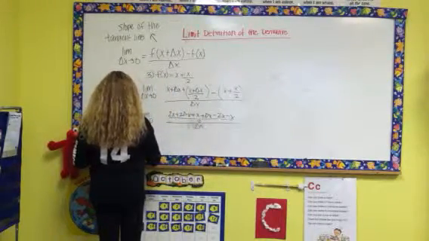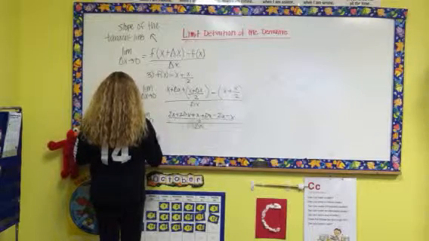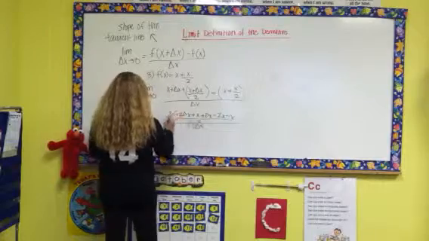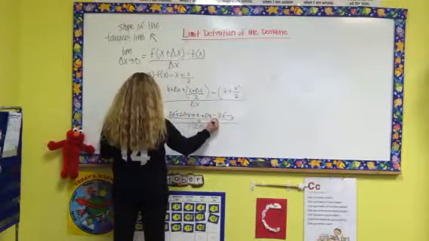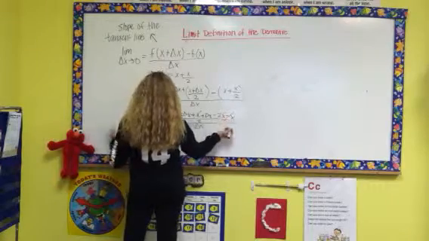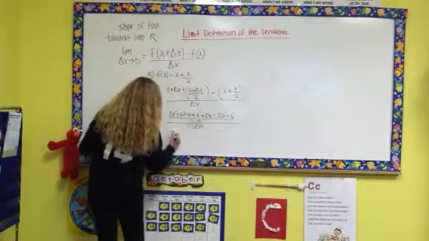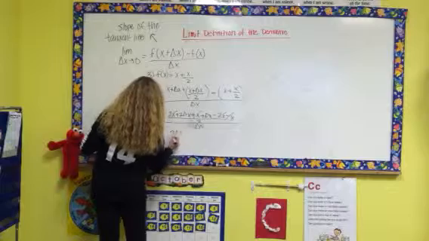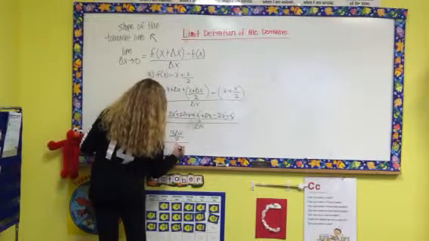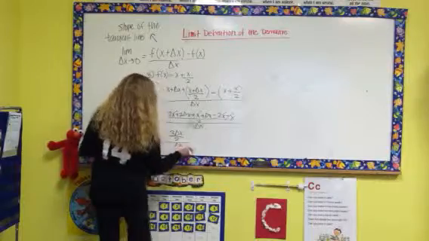Then we can simplify this even more because 2x and negative 2x can cross out, x and negative x can cross out. So then we get 3 delta x over 2 over delta x.